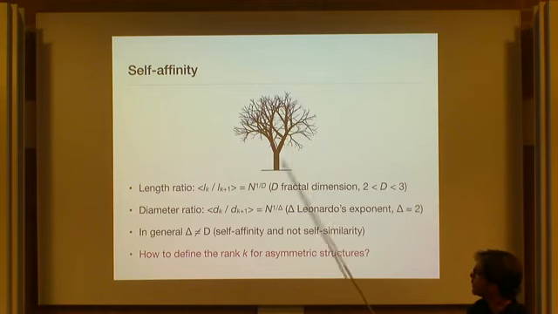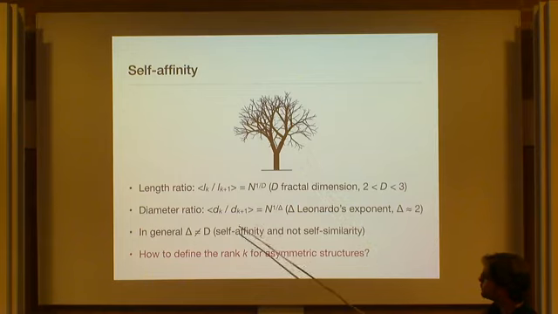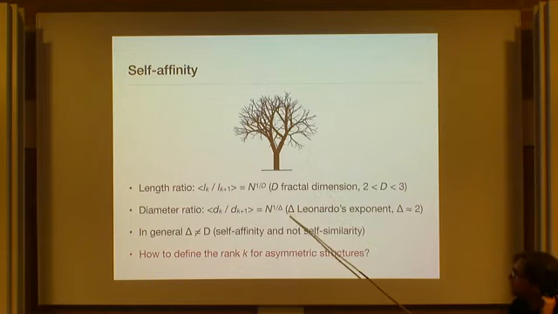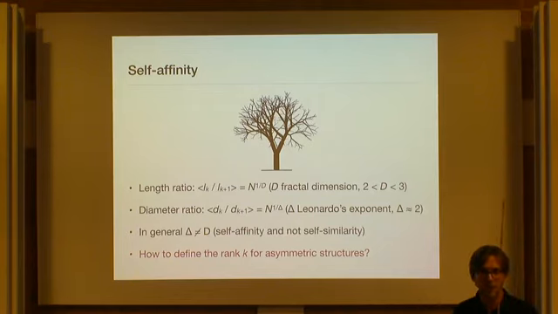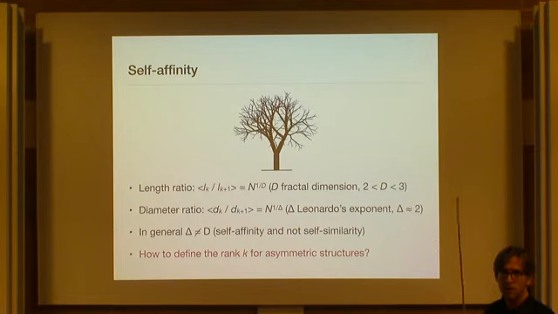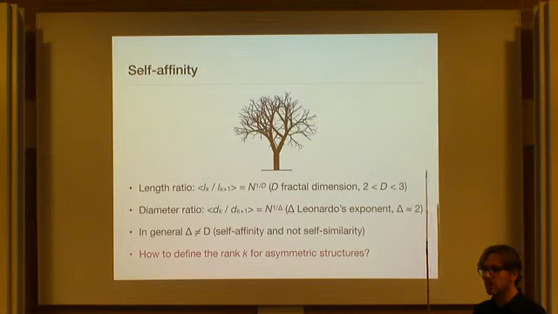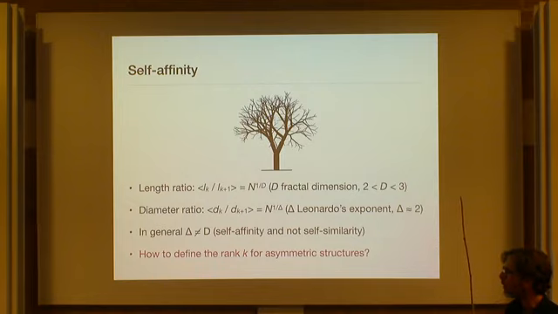It's the number of daughters for one mother. And you have a similar formula for the Leonardo exponent for the diameters. So in general, the Leonardo exponent is close to 2, and the fractal dimension is somewhere between 2 and 3. So these two exponents are not equal, which means that the length and the diameter do not vary in the same fashion. So it's not self-similar in this sense. When you zoom in on the picture, it's not the same picture as the whole. It's called self-affine. But it's just a vocabulary thing.